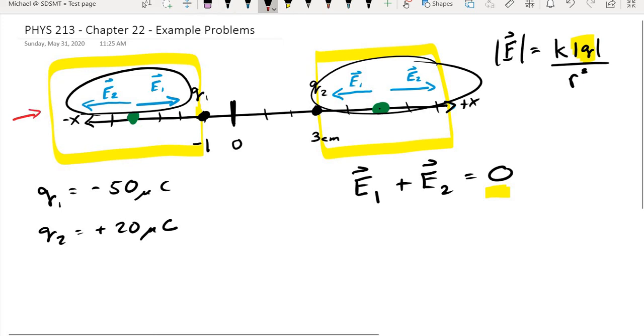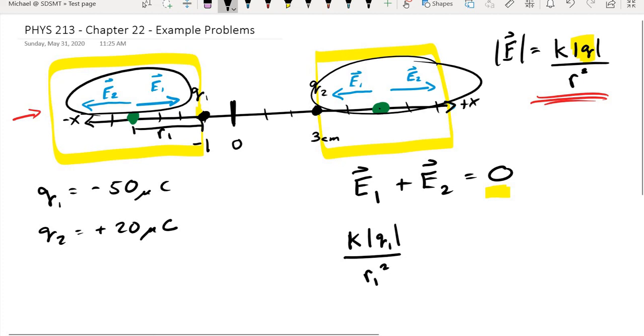The reason for that is if we take our expression for electric field and we actually start plugging some values in here. So electric field 1 is going to be K times the magnitude of charge 1 divided by the distance that charge 1 is from the point where we want to measure.